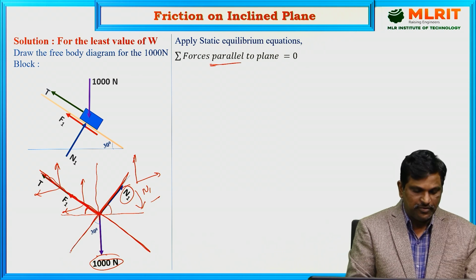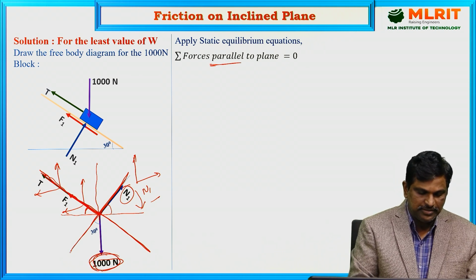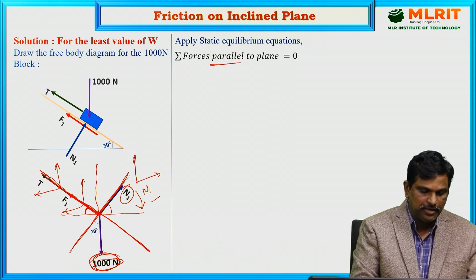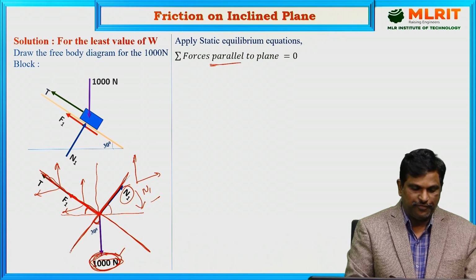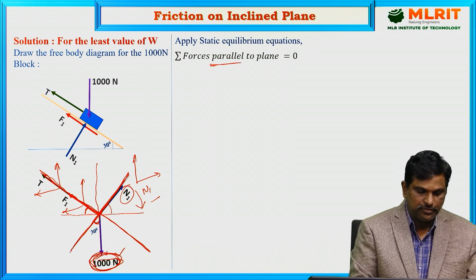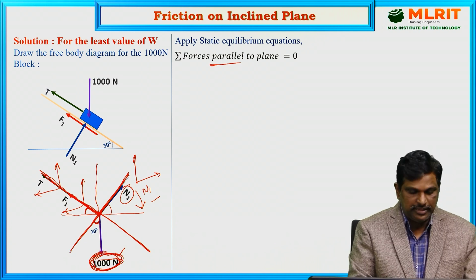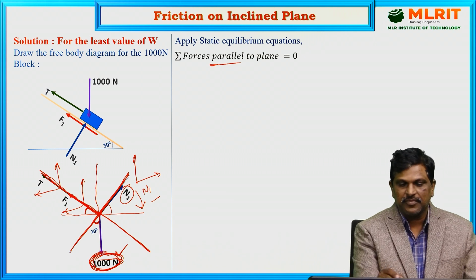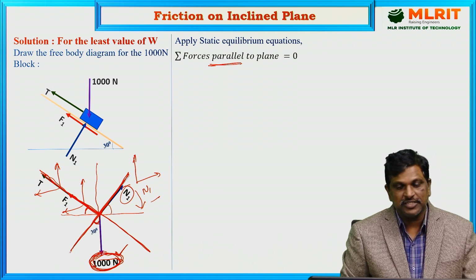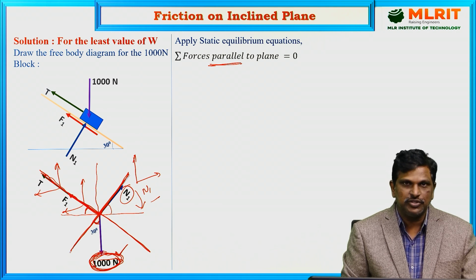Only one force is making an angle with the plane, that is weight. If we take this advantage, we need to resolve only the 1000 newton force, not all the forces. That's why we'll resolve the forces parallel to the plane and equate it to 0, because the system is under equilibrium.